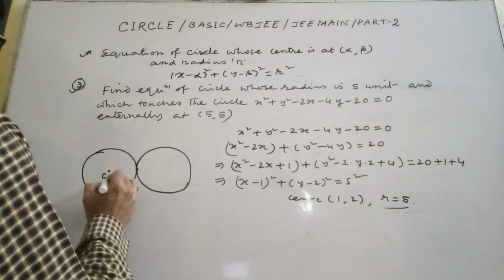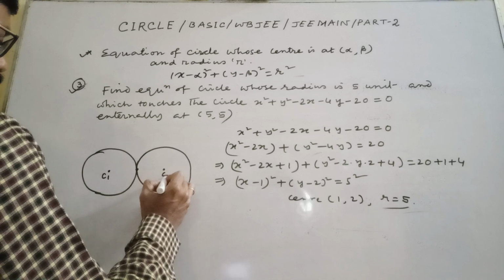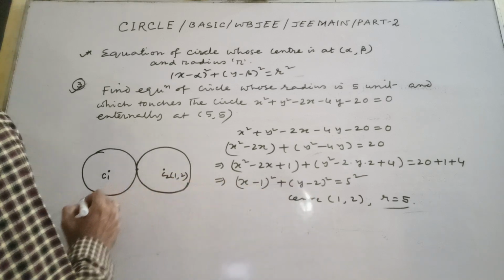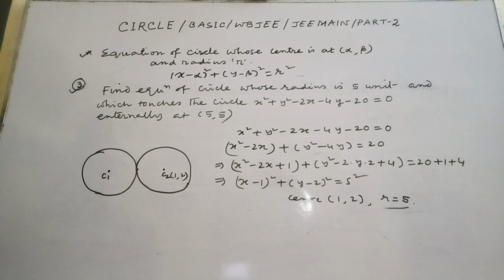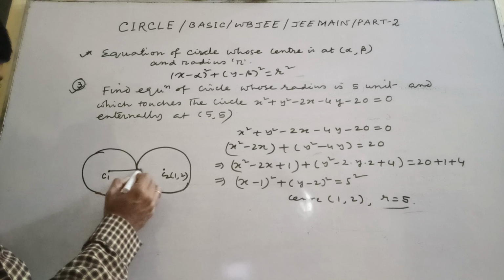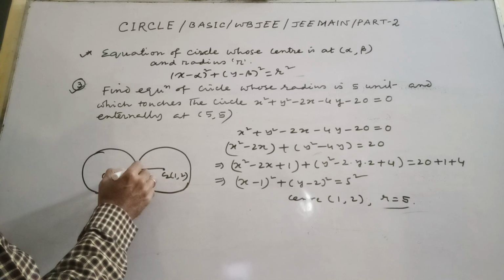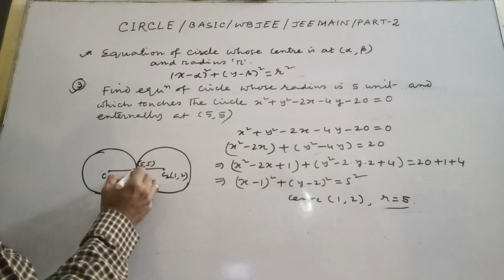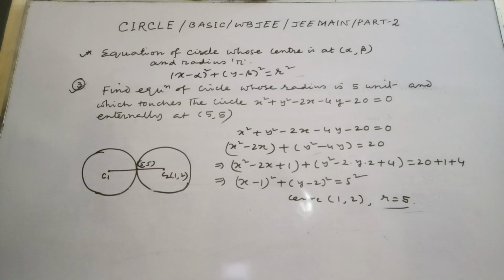This is C1 and this is C2. C2 is (1, 2) and you have to find C1. So it touches the second circle at (5, 5).